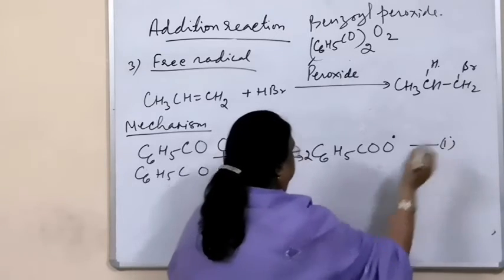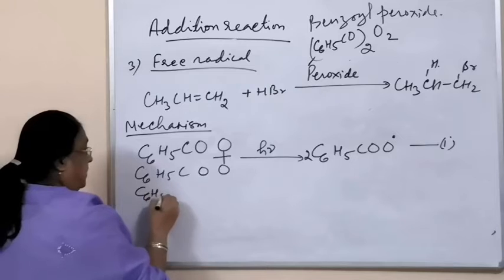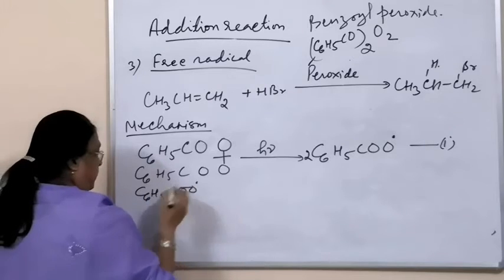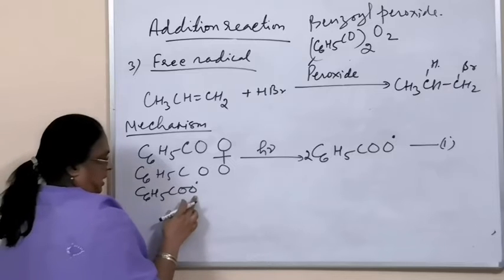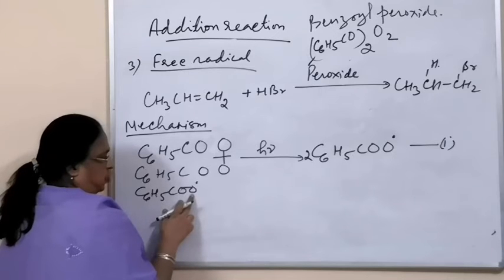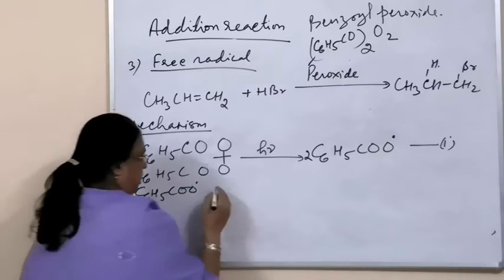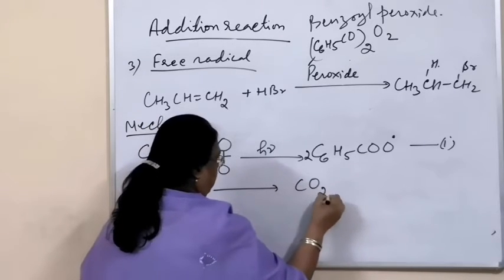This is first step. Now this benzoyl free radical, one of the molecules I take. You have studied earlier also, if you don't know then remember, carbon with 2 free oxygen is never stable. It releases carbon dioxide automatically.